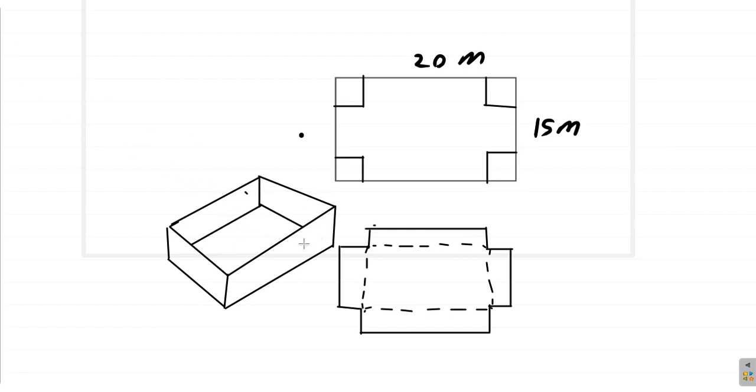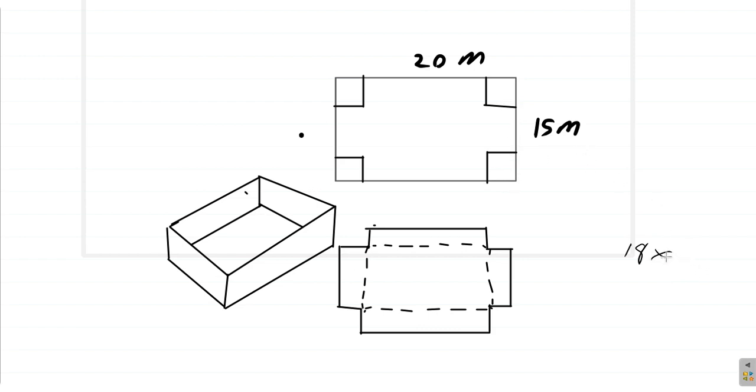Now, the thing is, when you cut alongside here, you can cut off 1 meter from each side. But if you cut off 1 meter from each side, then you're going to have 18 wide by 15 minus 2. You remember, it's 1 meter from each side. So the 15 is going to lose 1 meter at the top, 1 meter at the bottom.